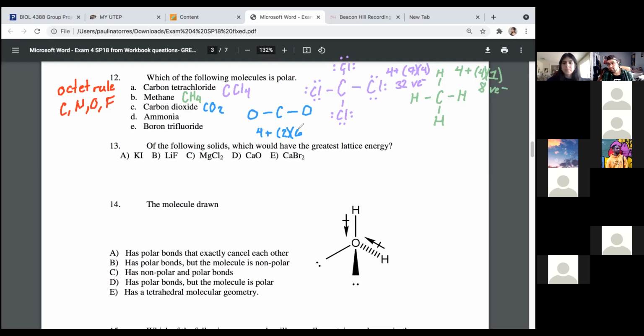So 6 times 2 is 12 plus 4, 16 valence electrons. Okay, so how you can always start out is just draw 8 electrons around every single element that you have.